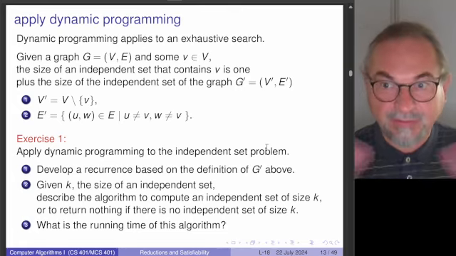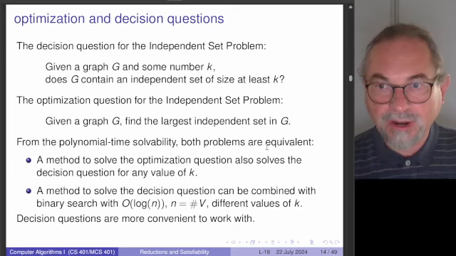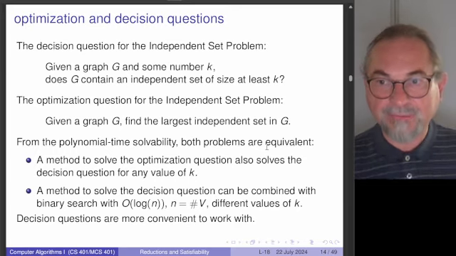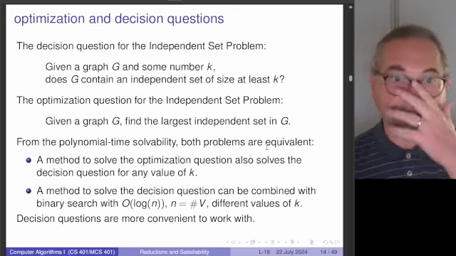Okay, so we have formulated the independent set problem as a decision question. If you have a set of seven people with their relationships defined by the edges, is there a subset of four persons that do not know each other?